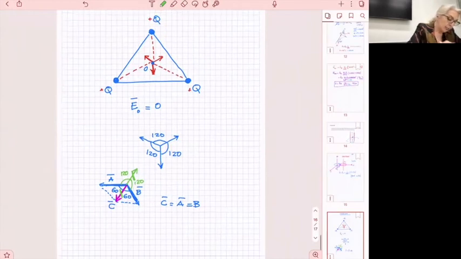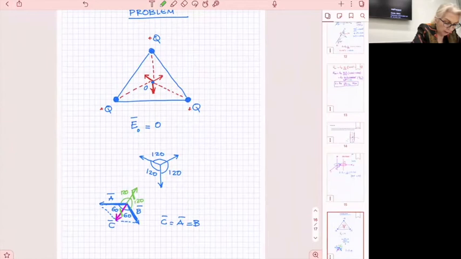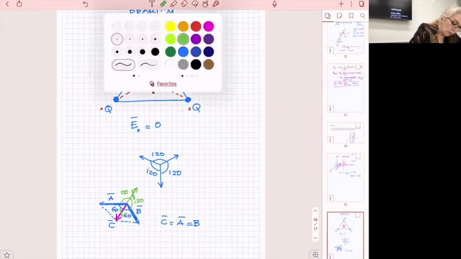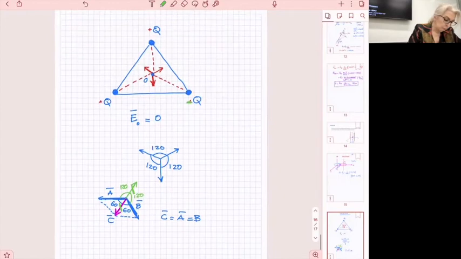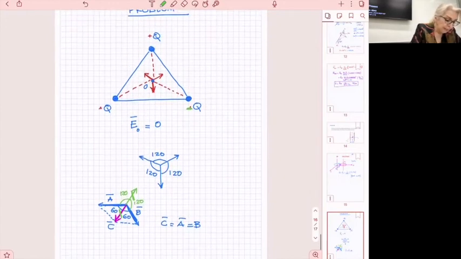However, if you change the Q in any other way, then it's not going to be 0 anymore. Say the Q's are not the same, but one of them is negative instead of positive, then the direction changes. Because what happens?